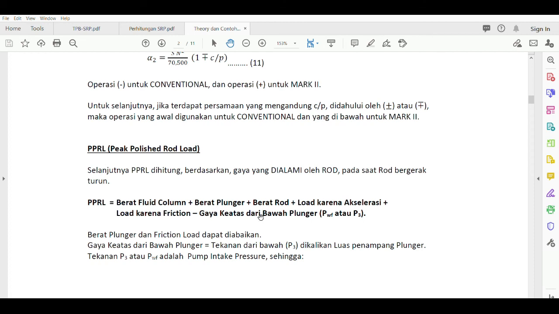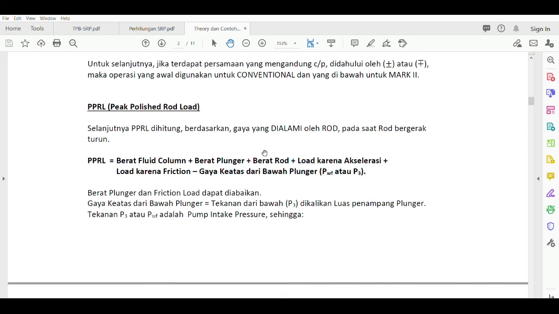So this is the load from top to bottom, and this is the force from bottom to the top. This is due to PWF, or we call it P3.